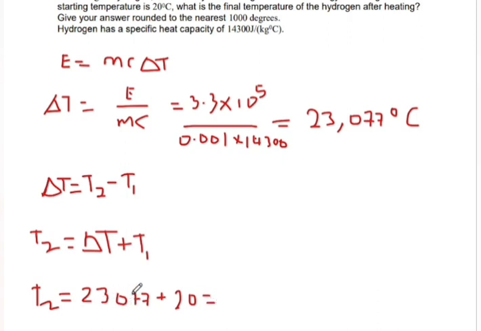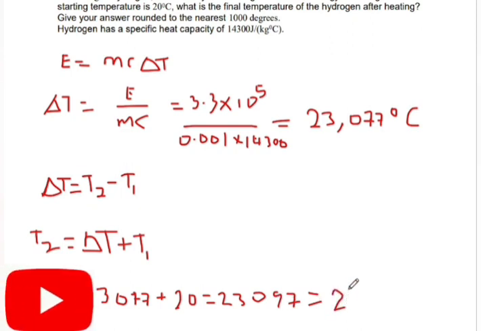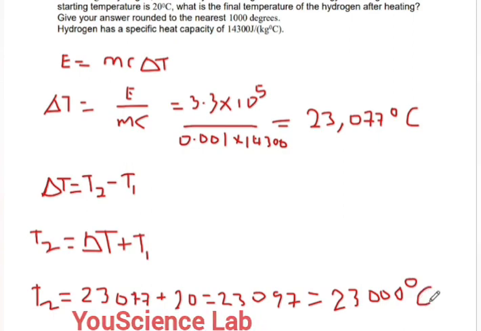So on adding these together, my result is going to be equal to 23,097 degrees centigrade. So we have to round it off to the nearest 1,000 degrees. So we'll round off this value to 23,000 degrees centigrade.